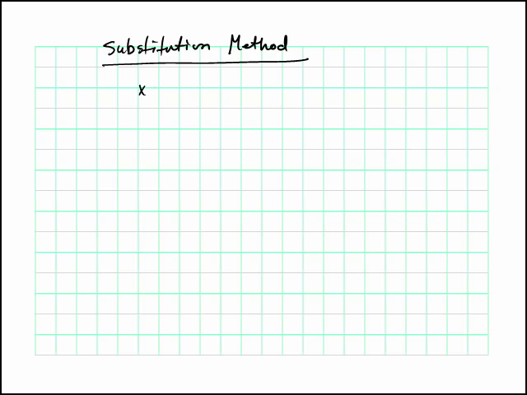Let's take the first example that we did, x plus y equals 5 and 2x minus y equals 4. Now the substitution method works like this. We take one of the equations and we solve for one of the variables. It doesn't matter what equation, doesn't matter what variable, just pick whatever seems easy to you. I think it's rather easy to solve this top equation for y, so y equals 5 minus x, right?